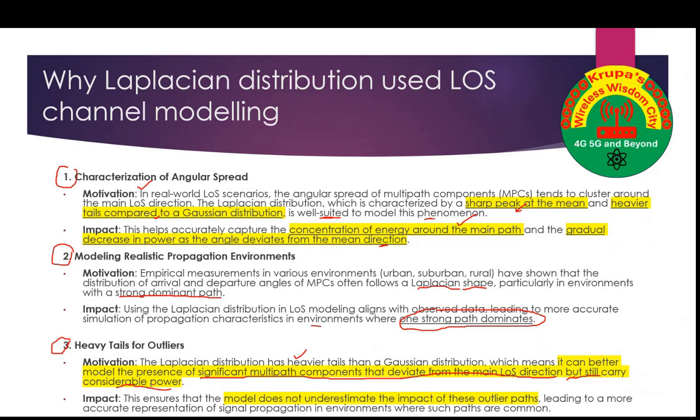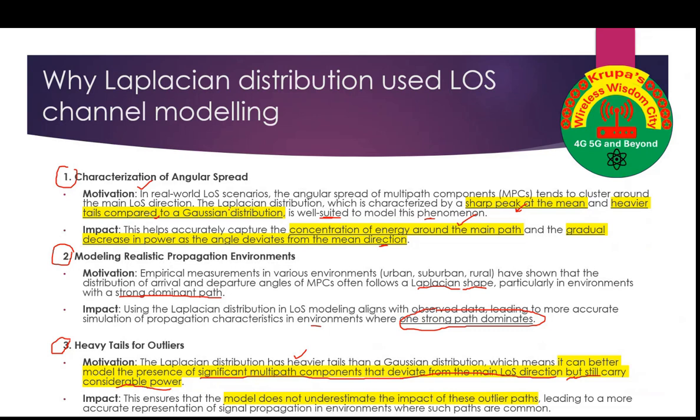So if some of the multipath components deviate from the main LOS direction but still carry considerable power, the Laplacian is much better suited. To sum it up, the Laplacian distribution has a sharp peak at the mean and a heavier tail compared to the Gaussian distribution, and that really characterizes real world LOS dominant scenarios, and that is what is being used in CDL-D and CDL-E.